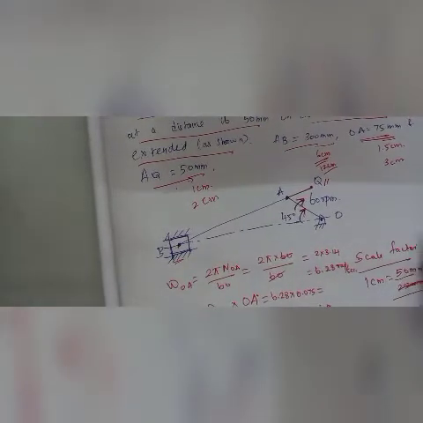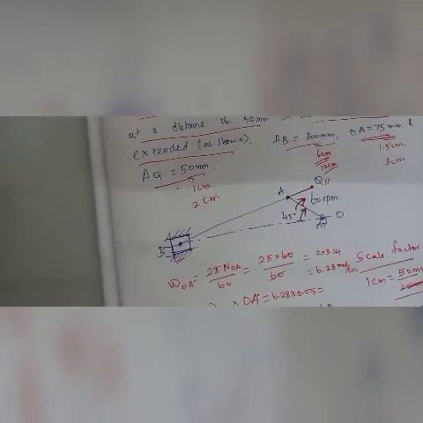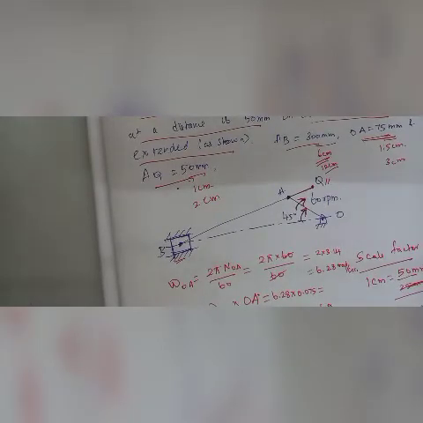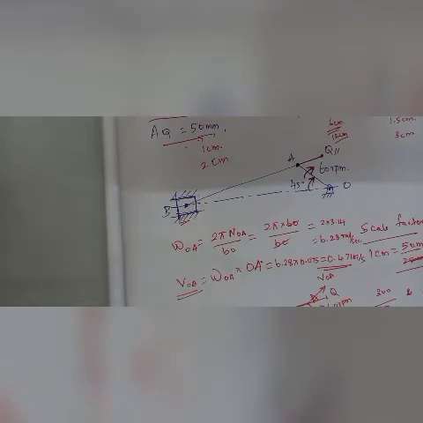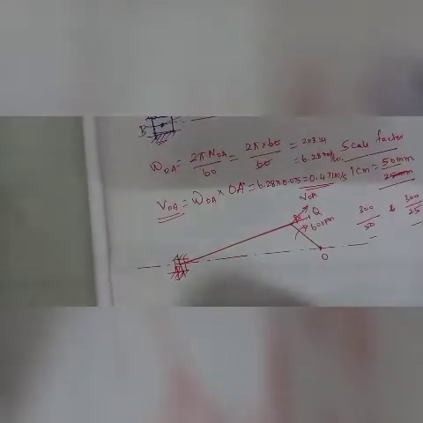So by calculation, 6.28 into 0.075, it is coming around 0.471 meter per second. So the linear velocity of OA or AO is 0.471 meter per second.